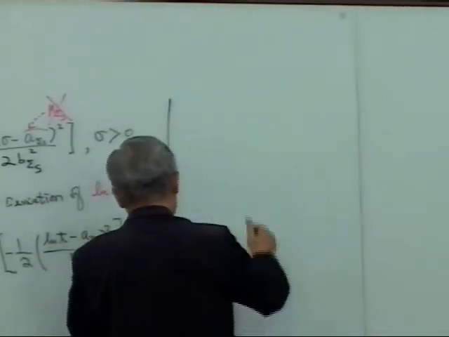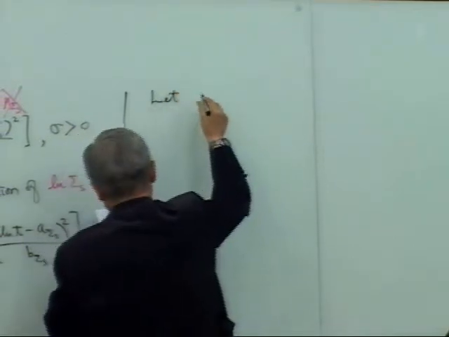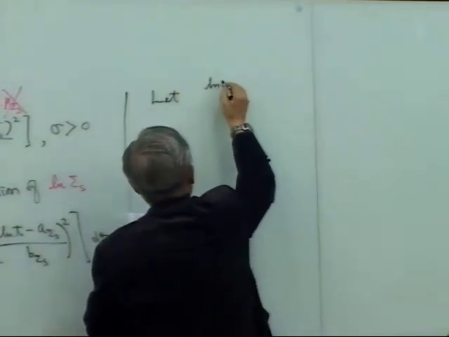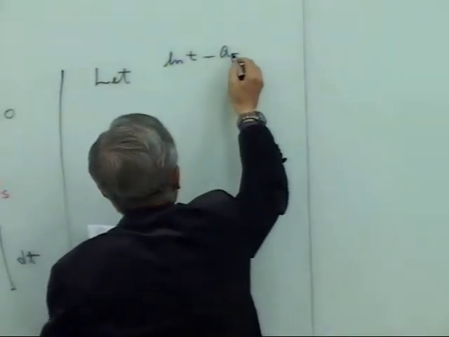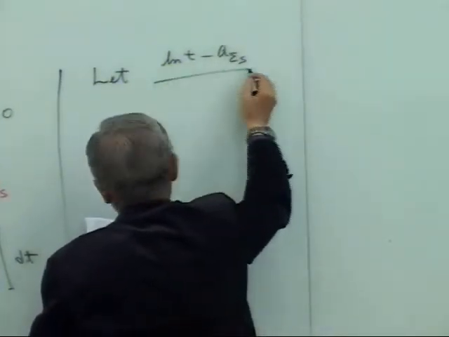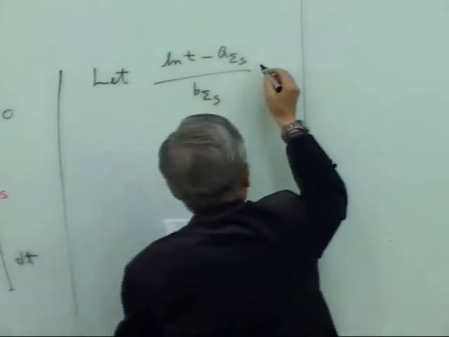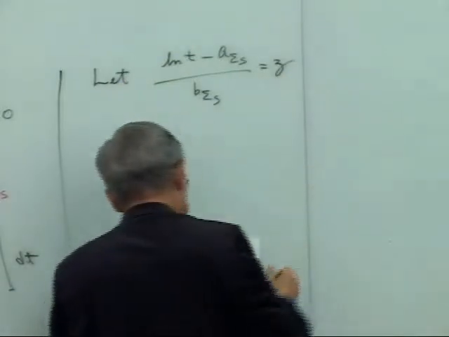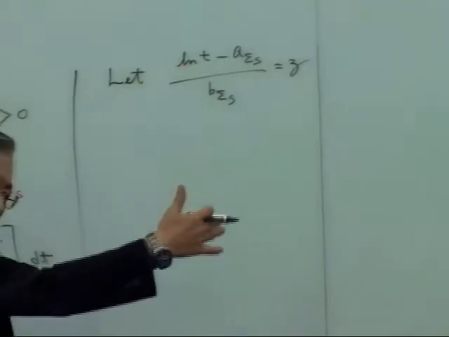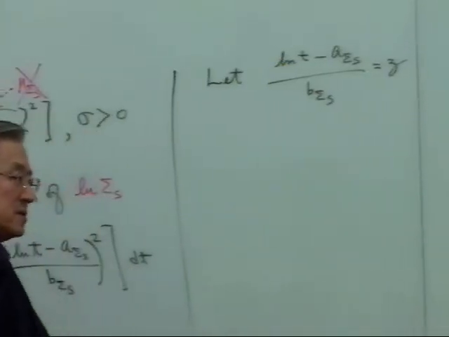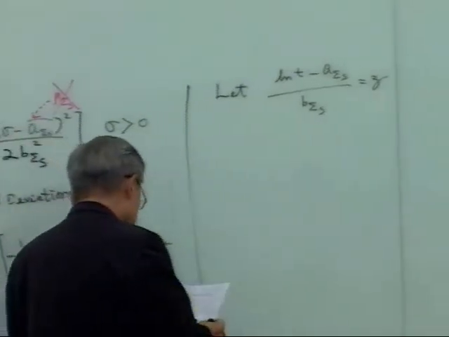So we substitute: let natural log t minus a sigma s over sigma s, let that be equal to z. This is the process to get the slight transformation to standard form.